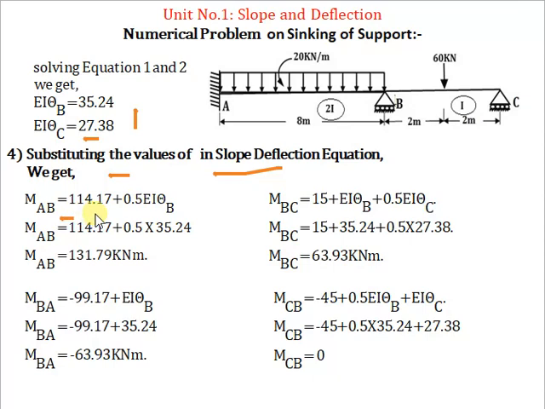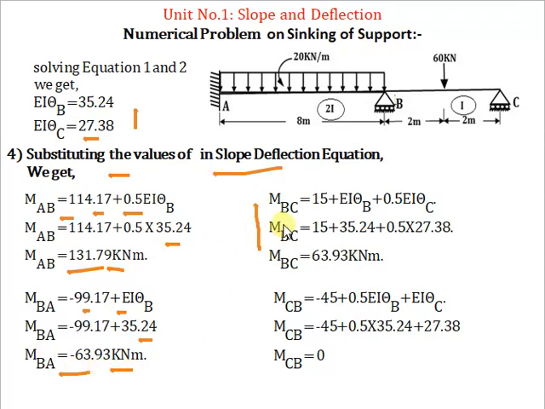Now substituting the value in the slope deflection equation, we will get MAB. We know that 114.17 plus 0.5 EI theta B. Putting here EI theta B as 35.24, we have MAB 131.79 kilonewton meter. Now we know the equation of MBA from the slope deflection equation is equal to minus 99.17 plus EI theta B. Putting EI theta B, we have MBA is equal to minus 63.93 kilonewton meter.